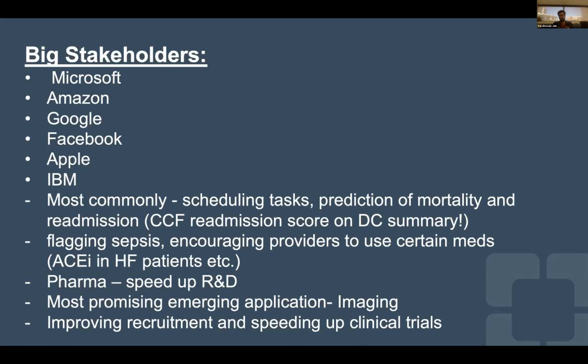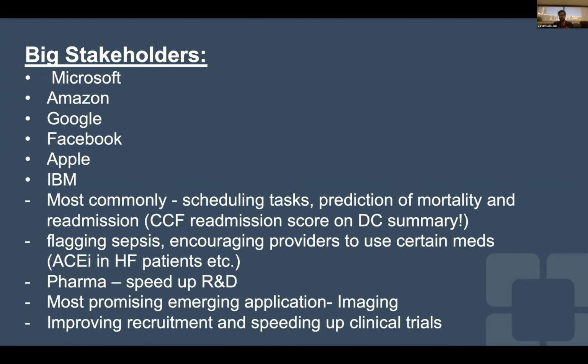And right now, at our hospital, we see AI in scheduling tasks: scheduling cath labs, scheduling ORs, scheduling outpatient appointments. So I think that's the biggest task it's helping. And also for predicting mortality and readmission. So in our hospital, when we try and discharge somebody, there's a readmission risk score predictor, and that's kind of like a good reflection of the use of AI in healthcare.